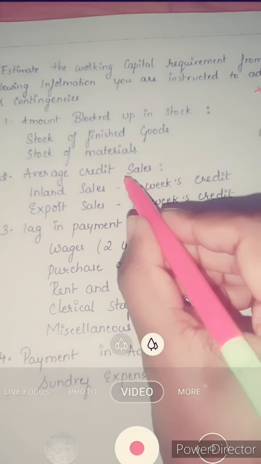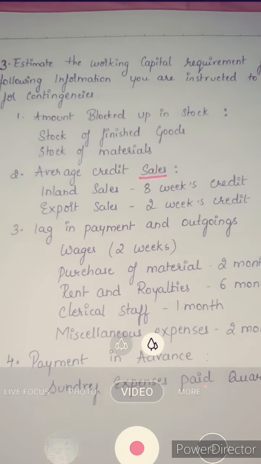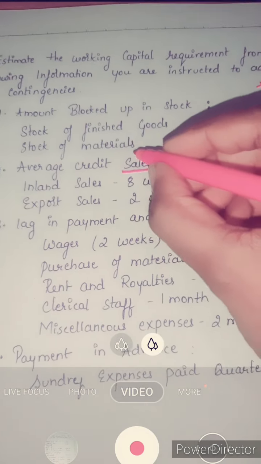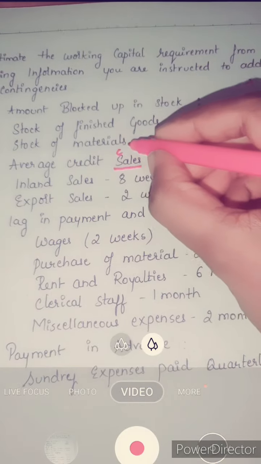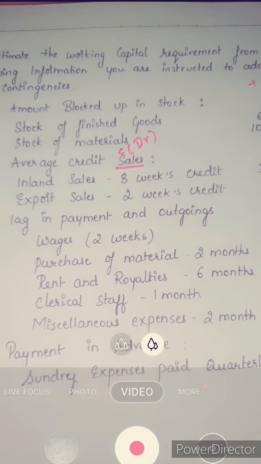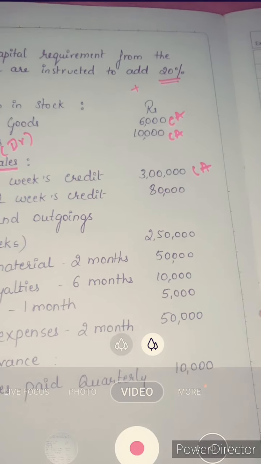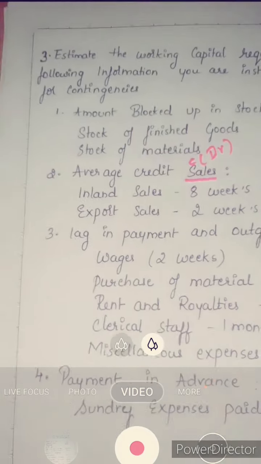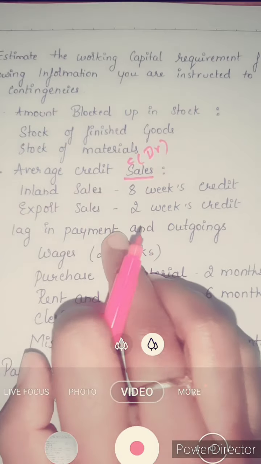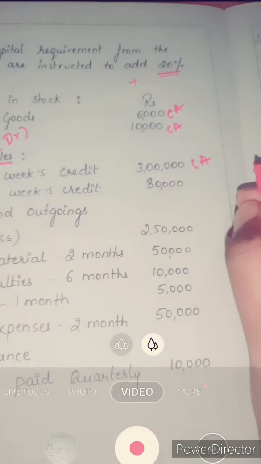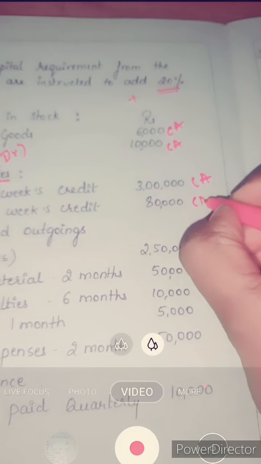When we say sales, the concern is selling to consumers, that leads to debtors. Debtors are a current asset to a concern. An export sale for 2 weeks credit is also a current asset, that is a debtor. And when the concern sells, it relates to a debtor.